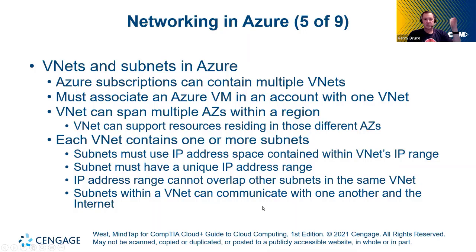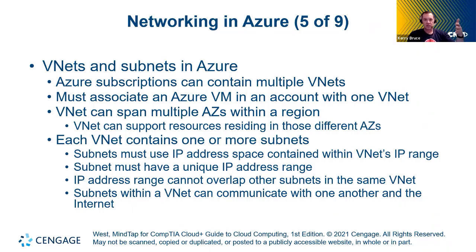You have VNets and subnets in Azure. You have to have a subscription to contain your multiple VNets. So in AWS, you have an account, right? That green box that went around. In Azure, they call it a subscription. Okay. And your subscription can contain multiple VNets. So you can set up multiple VNets inside of your subscription.